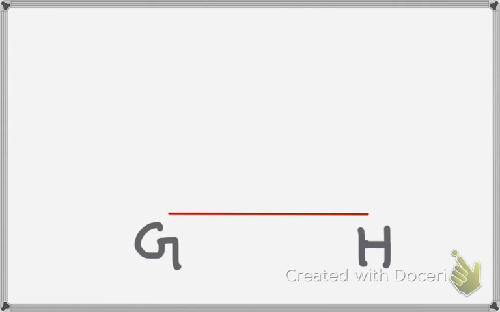Suppose I give you another example. Suppose this is a line GH and another line is BE. You can observe BE is intersecting the line GH, because the line BE is touching one point of the line GH.